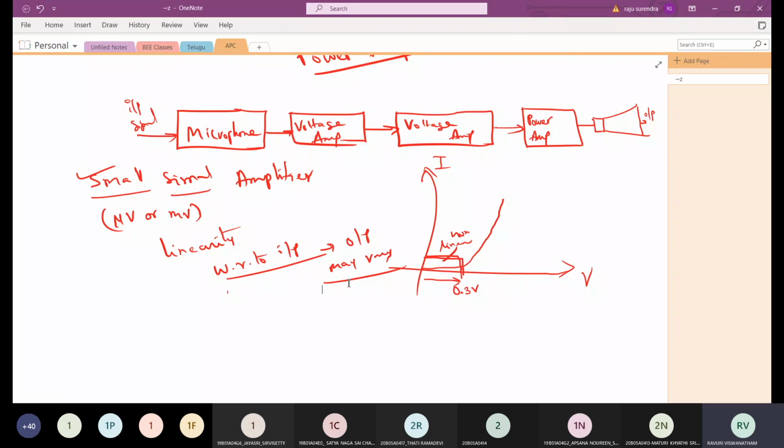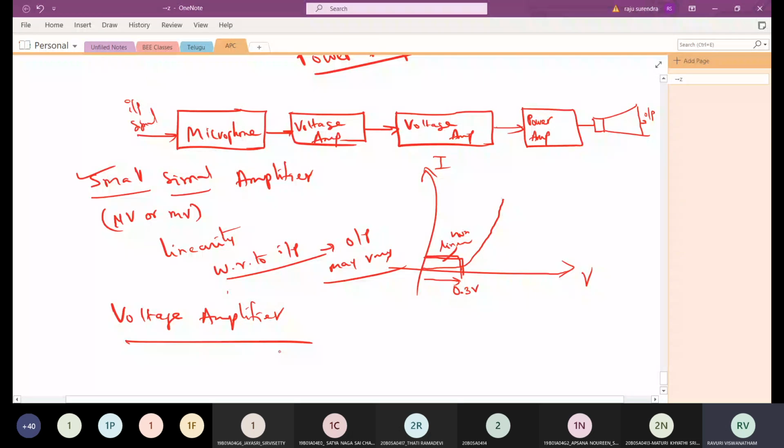The diode works with the property of linearity. And at the same time, voltage amplification comes into the class of small signal amplifiers.